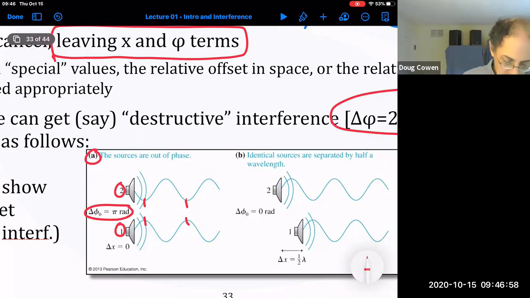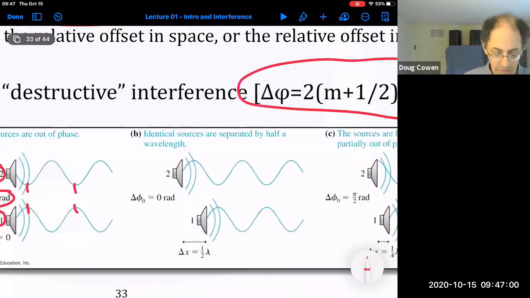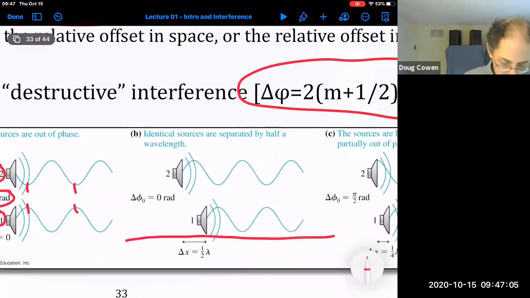Another way to get destructive interference is to move one of the sources relative to the other. Here the two sources are separated by a distance equal to 1/2 of a wavelength. In that case, again, the troughs of one waveform line up with the peaks of the other, and the peaks of one line up with the troughs of the other, and you end up with cancellation.